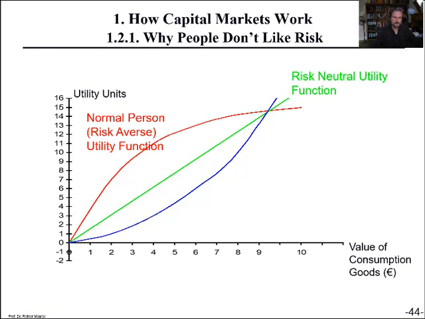And a person with a utility function with the property of increasing marginal utility would have a convex utility function like this blue one. Such a person would be a risk lover. However, a person with increasing marginal utility is hard to find in reality. That's what we know from empirical experiments.